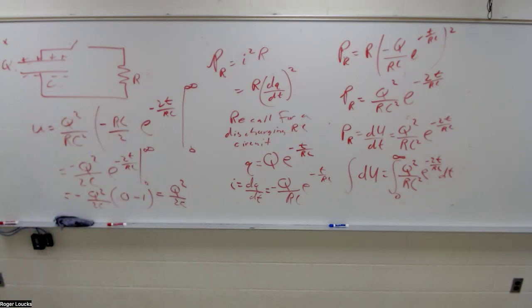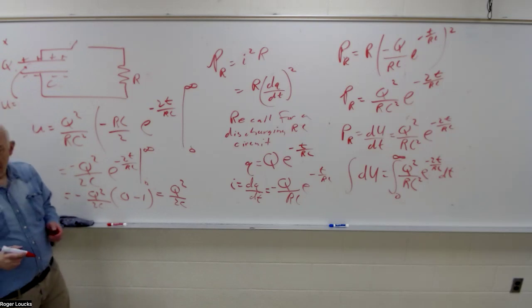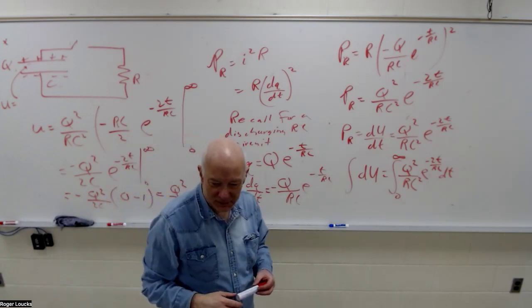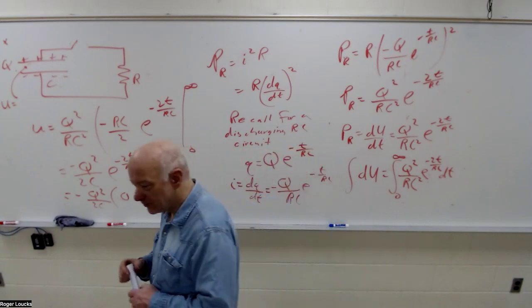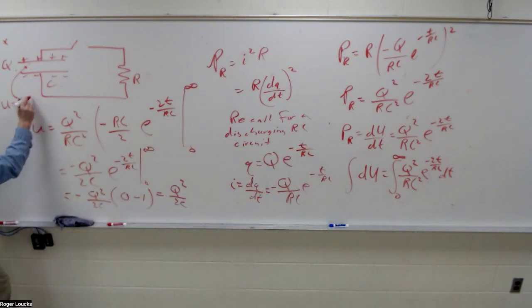Why does it have to be that? Why does that make perfect sense? How much energy did we say is stored in here? One half Q squared over C. That's your initial energy stored here.